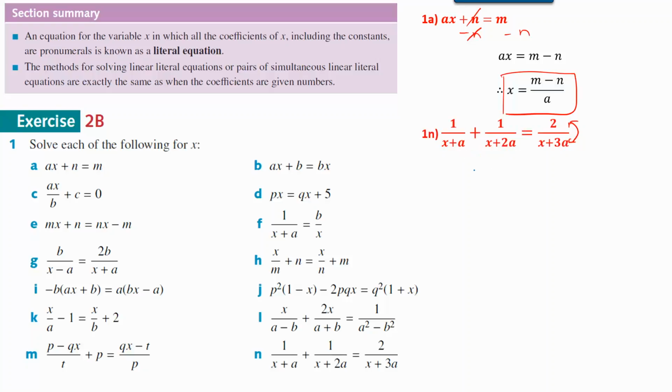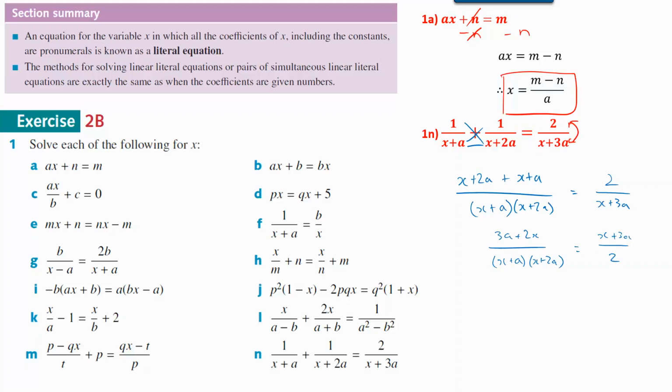Here we go. Or another way of thinking, yeah. Oh, this is a really ugly long one.